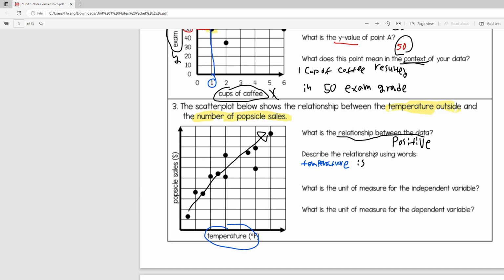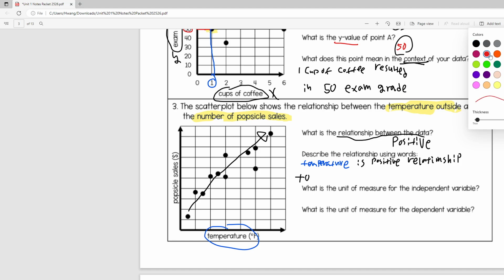Temperature is, what is the correlation? The relationship is positive relationship to, what is my dependent variable? Popsicle sales.